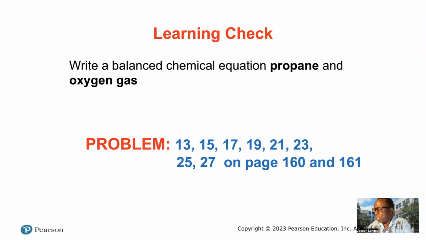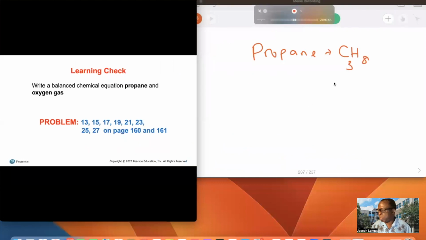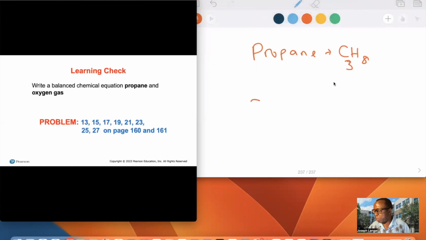Propane is C3H8. So this is the formula for propane, or in other words, a 3 carbon chain with hydrogens on it. So we have 8 hydrogens in propane.